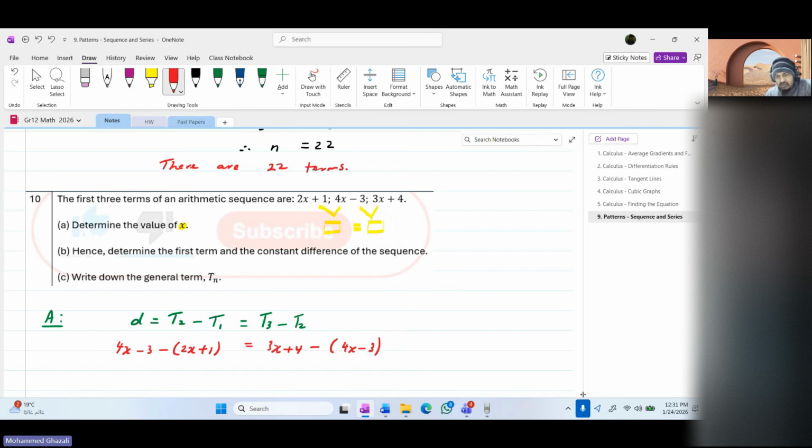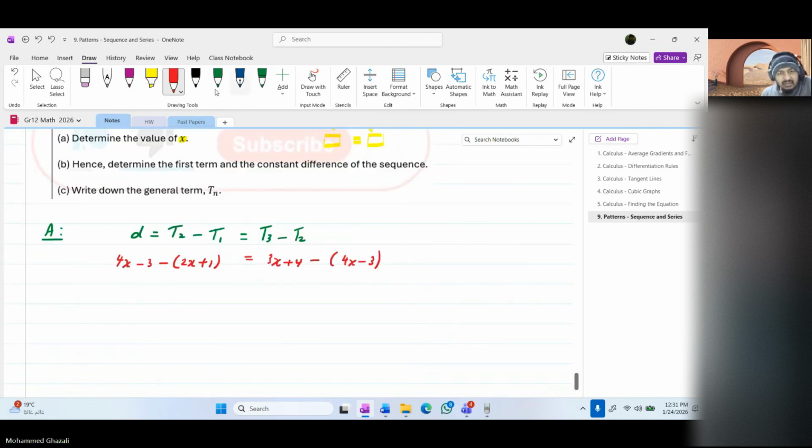And use this to solve for x, okay? So if you try to solve for x here, you'll get 4x minus 3 minus 2x minus 1 equals 3x plus 4 minus 4x plus 3. Now, what we have here, we got 2x minus 4.